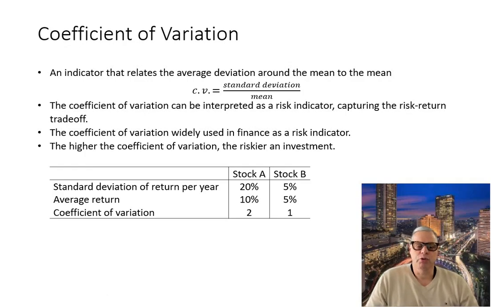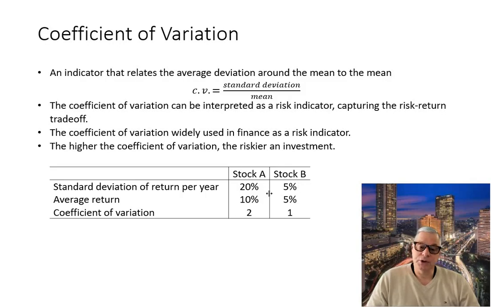So now what do we do with that information? Well, generally speaking, stock B is the less risky stock, because for each unit of return, you basically get 1 unit of risk.